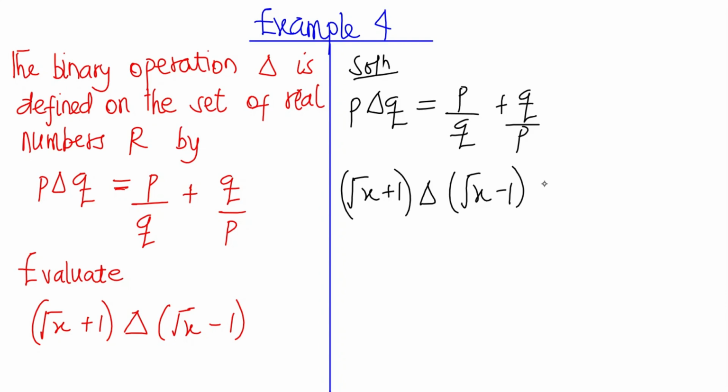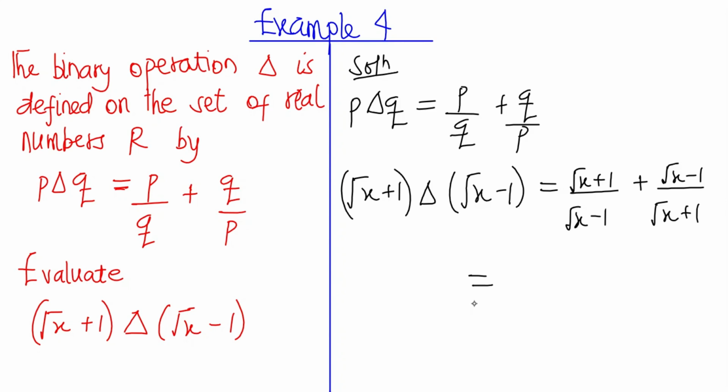So it implies that here our p is square root of x plus 1 divided by q, square root of x minus 1, and then we have plus q, which we know to be square root of x minus 1, divided by square root of x plus 1. So here what we have to do is simplify.